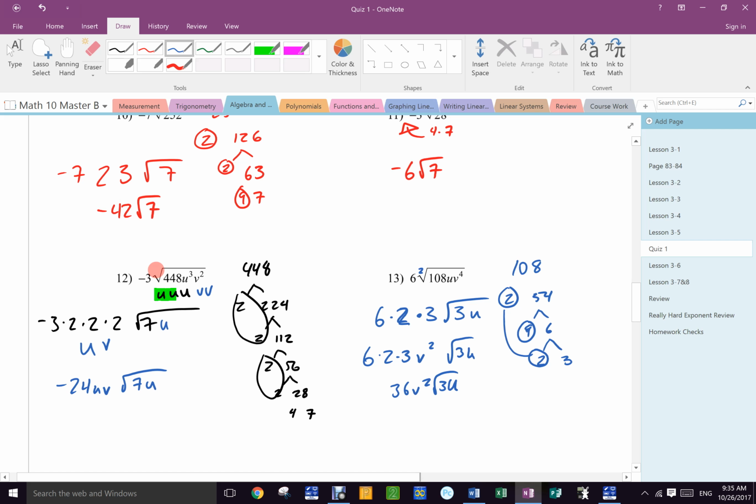What little number should be right there? 2. 3 divided by 2 is 1U with 1U left over, wasn't it? V2, 2 divided by 2 is 1V. Any remainder? Everyone see that little trick? Do you have to use it? No, because as long as you know that's V, V, V, V, and you know you're looking for groups of 2, you're in business. Everybody cool?